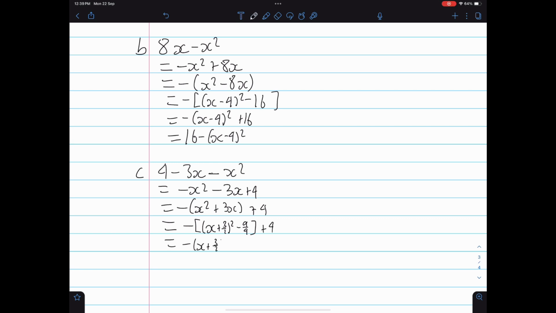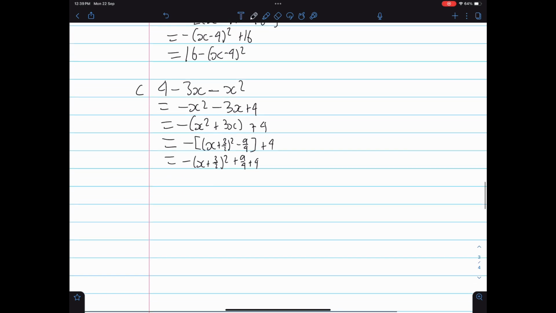Expand. This gives us -(x plus 3 over 2) squared plus 25 over 4. And so we'll just boot that to the front.